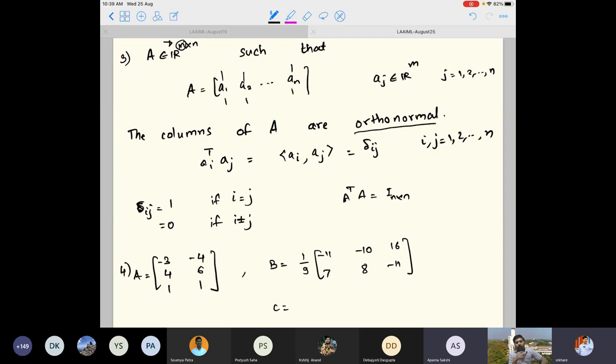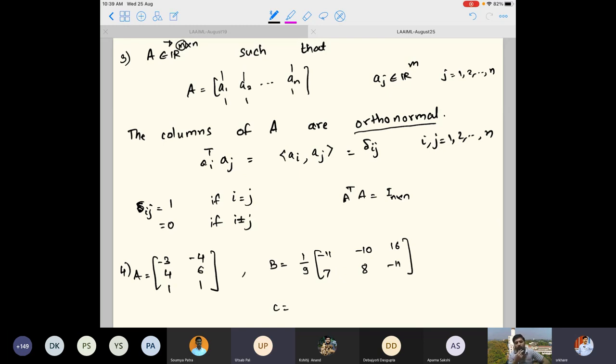Will the transpose of A in this case be the left inverse? You multiply by the transpose of A and check whether it is a left inverse or not.